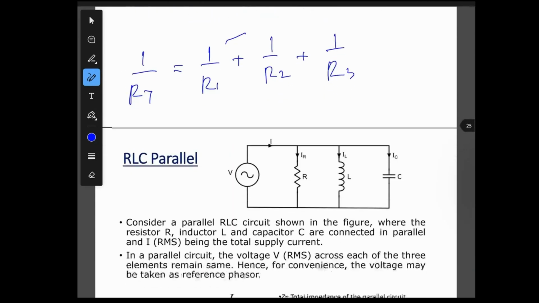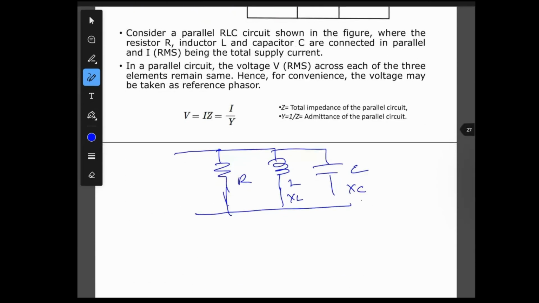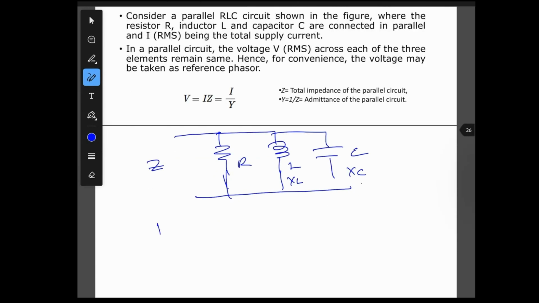So Z is impedance, and 1 over Z equals 1 over R plus 1 over XL plus 1 over XC.